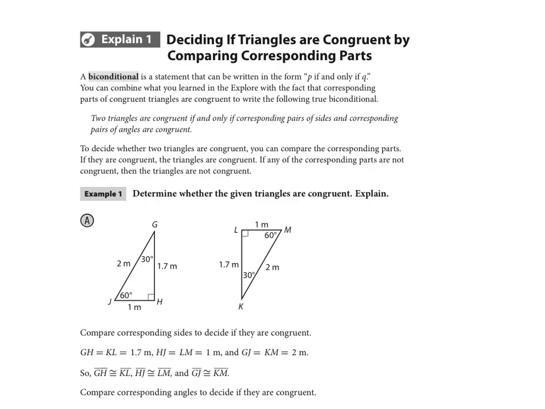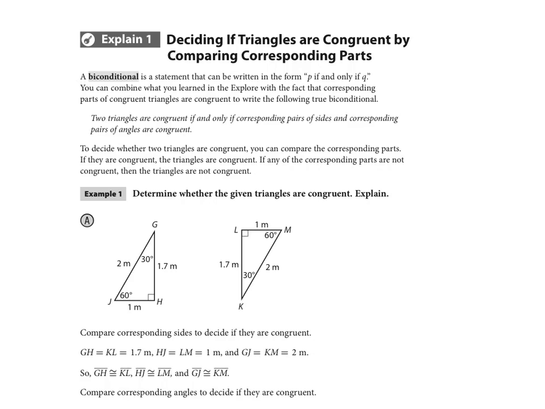A biconditional is a statement that can be written in the form P if and only if Q. Basically, that means both a statement and its converse are true. And that's what you have here: two triangles are congruent if and only if corresponding pairs of sides and corresponding pairs of angles are congruent.